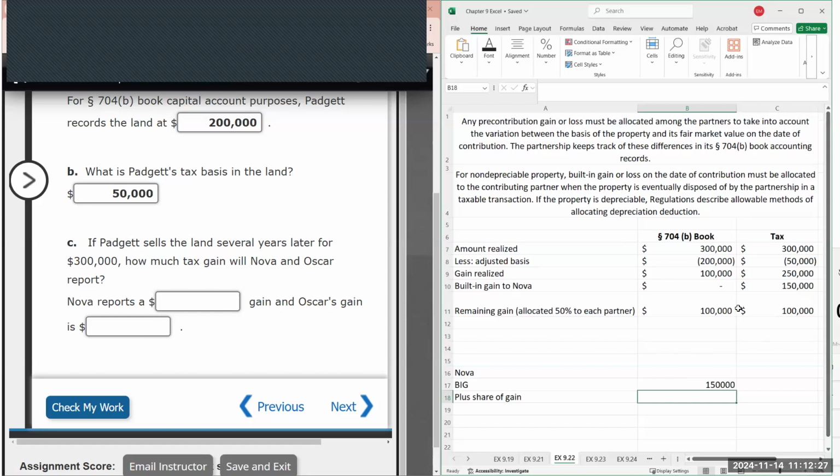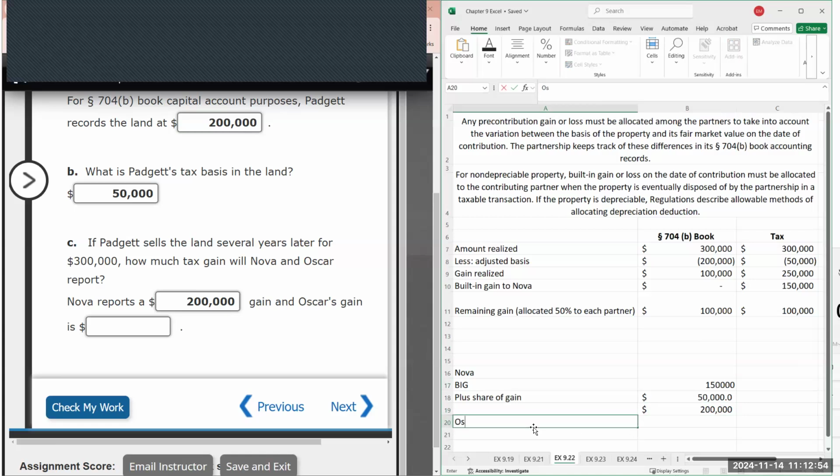And then this $100,000 gain is going to be allocated to each partner. So 100,000 times 50% is 50,000. So therefore, Nova needs to recognize a gain of $200,000. So Nova reports a $200,000 gain, and Oscar's gain is going to be 50,000.